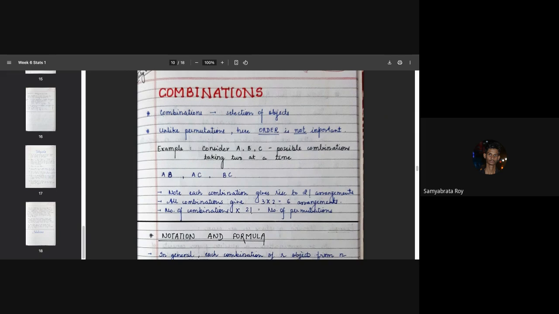So earlier, if I was choosing ABC and I was choosing CBA, it was considered as two different cases. But in this scenario, these two cases are similar.